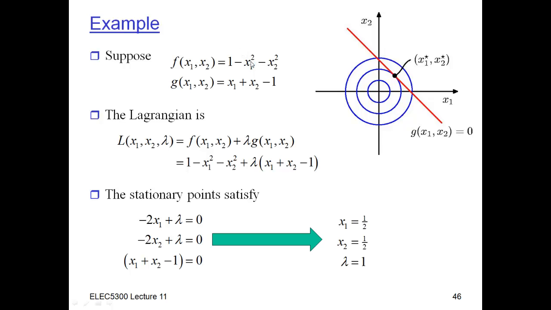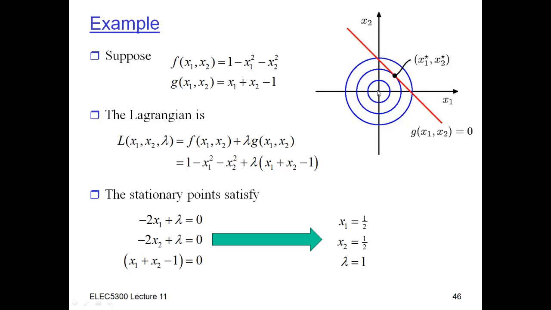But this is kind of like a hill. In the center, when x1 and x2 are equal to 0, f is equal to 1. When I move away from the center, x1 squared and x2 squared get bigger, and so I go down the hill. So this is kind of like a quadratic hill, and I want to climb to the top, which is in the center. You can think of the bird as sitting here in the center.